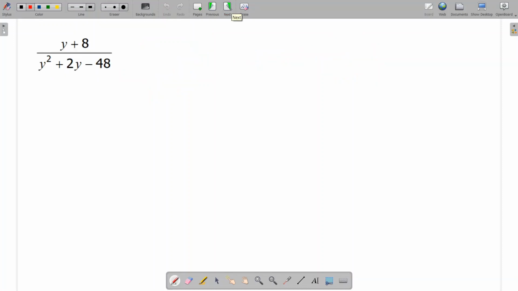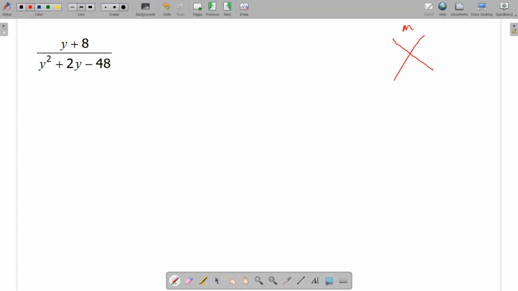Okay, let's look at one that's a little more complicated here. In our numerator, we have y plus 8, which can't be factored. The GCF is 1. There's nothing else that can be factored, no difference of squares or anything like that. So then we try to factor our denominator here. I notice that it's a trinomial, and I have a leading coefficient of 1. So I should be able to factor this fairly easily using our x to factor.